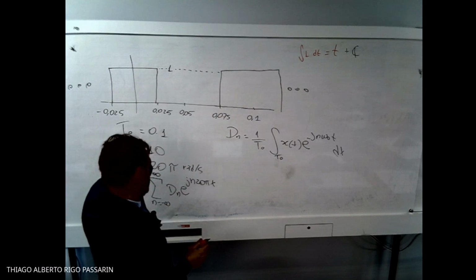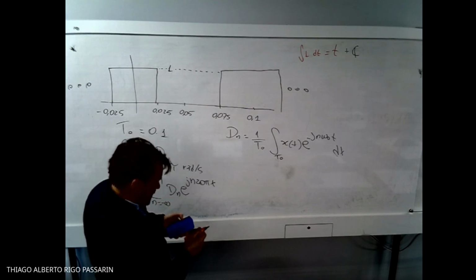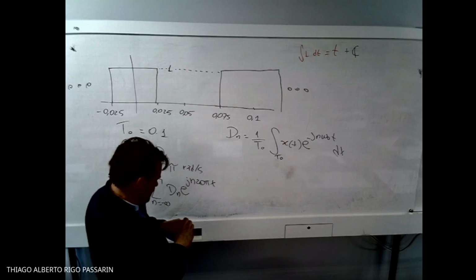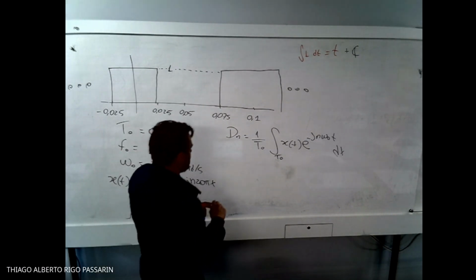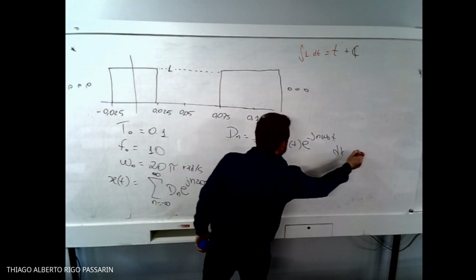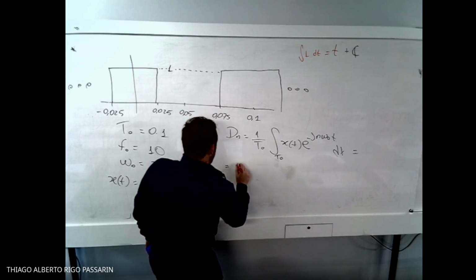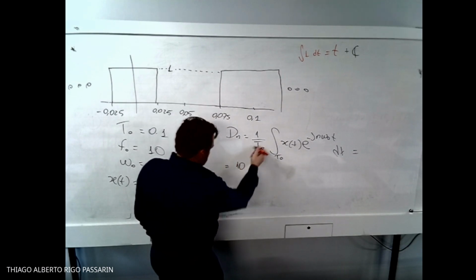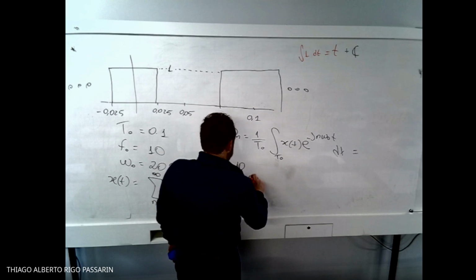So let's try to find the general formula for dn. It's easy. 1 over t0 is 10.